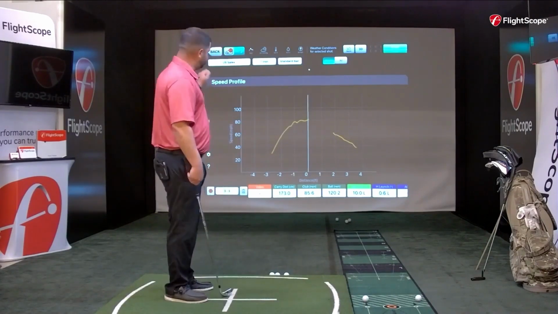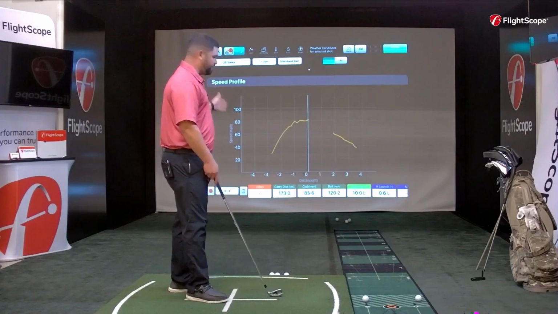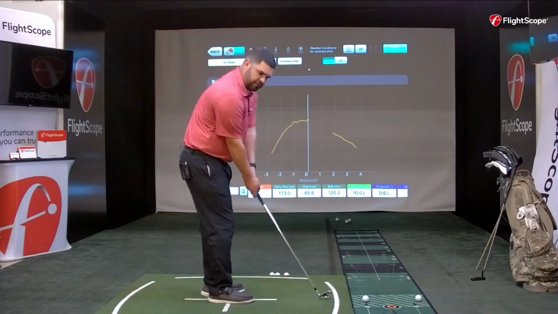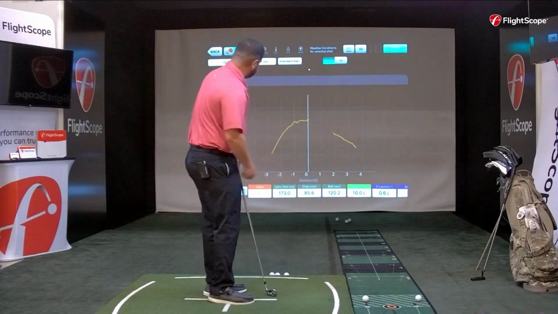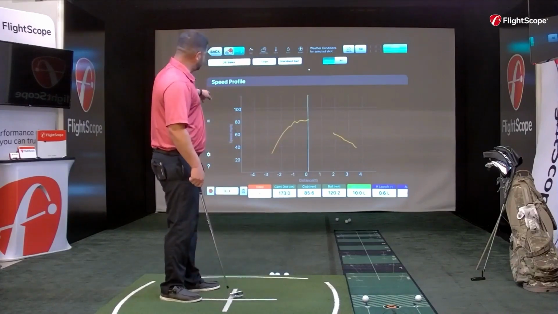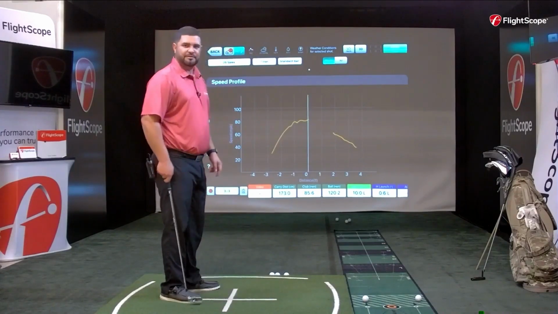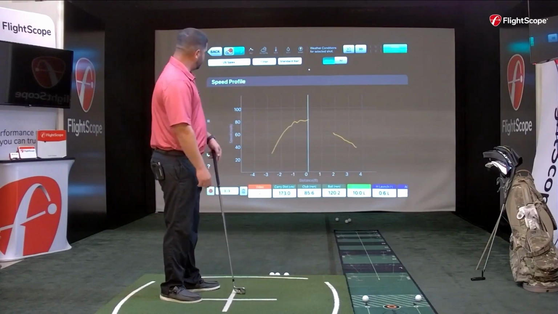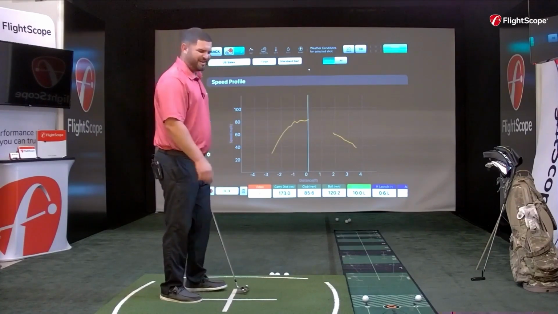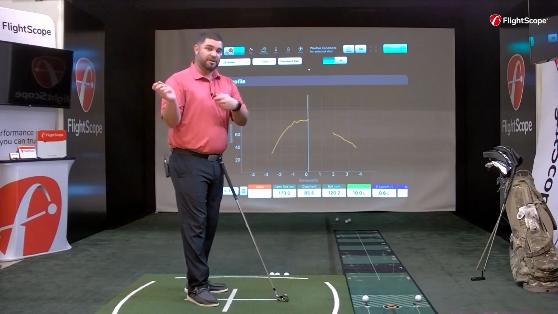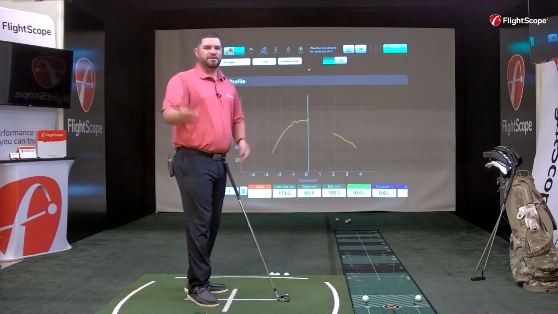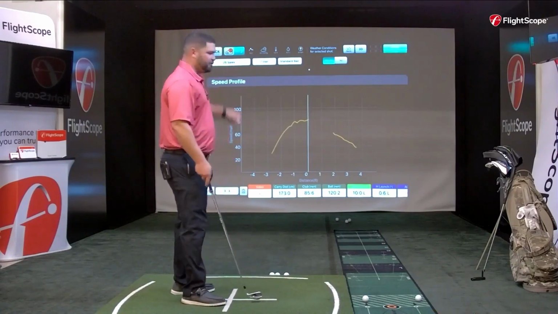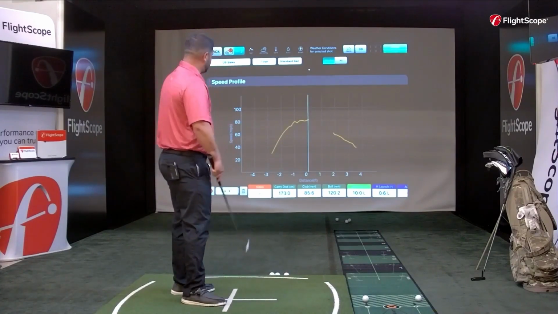So what this graph is showing you at about -3, which would be, let's call it what we call zero Doppler right here, about hip height. From about 3 feet before impact, we capture the club head coming into the strike zone, and we can see that my club head was gaining speed towards impact. I have a little bit of a, let's call it disturbance right before impact. And that could be anything. I could be casting the club, the shaft might be too soft for me, many reasons. But this is just showing you what the club head is doing through that strike zone.